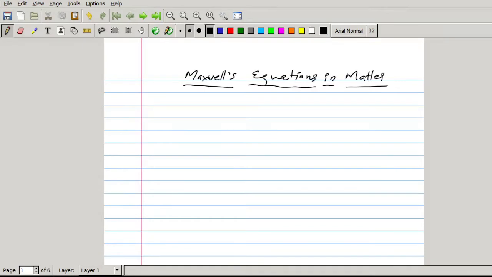We know the Maxwell's equations. The first Maxwell's equation is del dot E is equal to rho by epsilon 0, equation number 1.